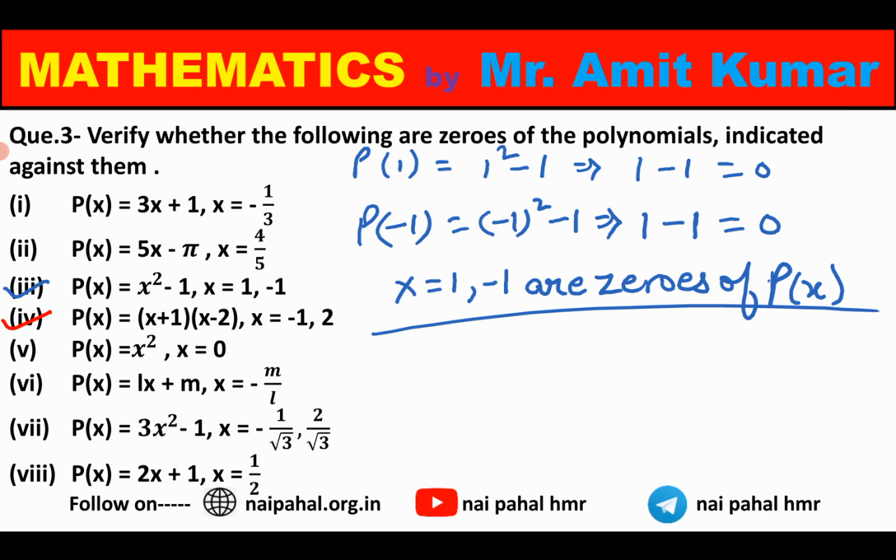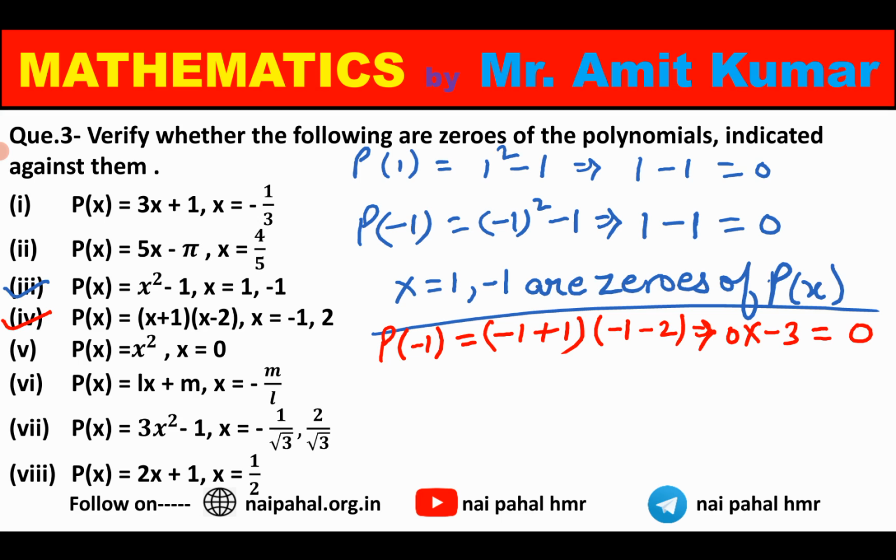Fourth, where Px is given as x plus 1 and x minus 2 and the values of x are given as minus 1 and 2. So if we take P minus 1, then minus 1 plus 1 and in the other bracket minus 1 minus 2. Minus 1 plus 1 will be 0, multiplied with minus 3, so the answer will be 0.